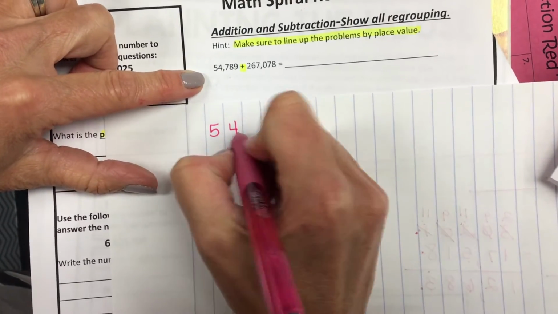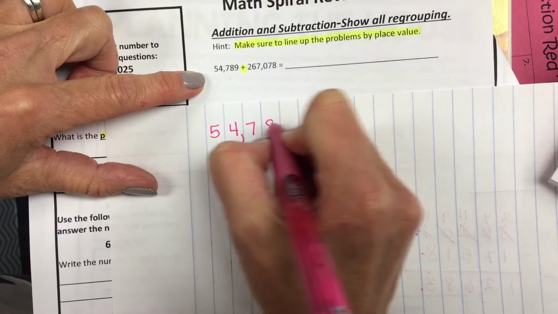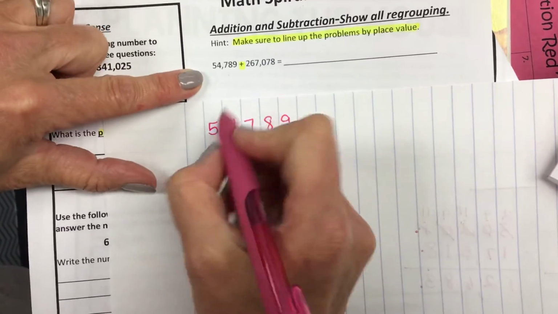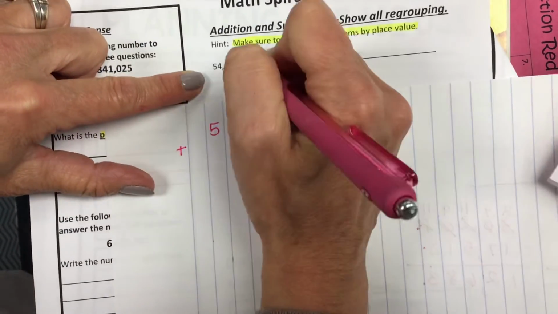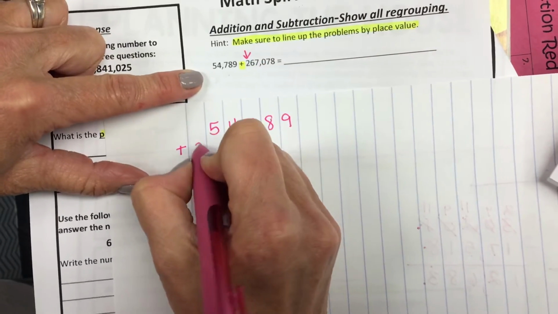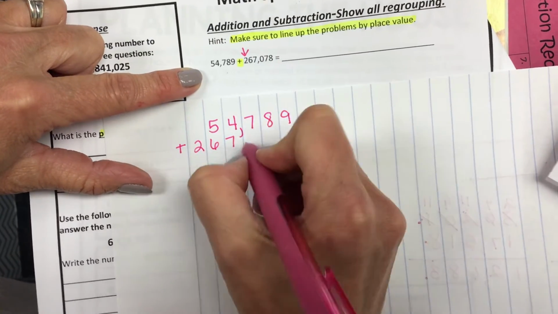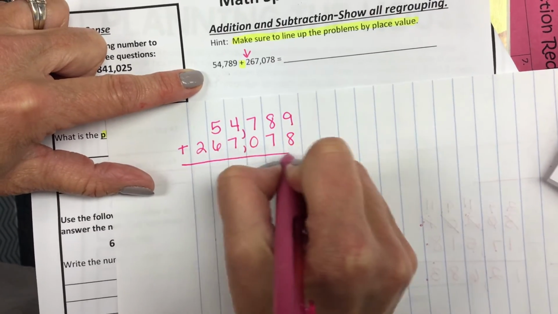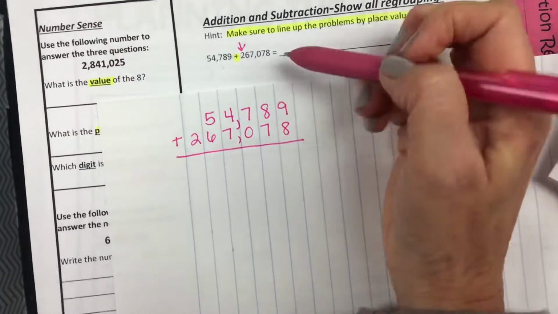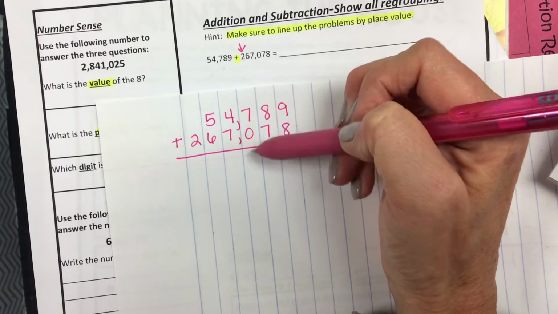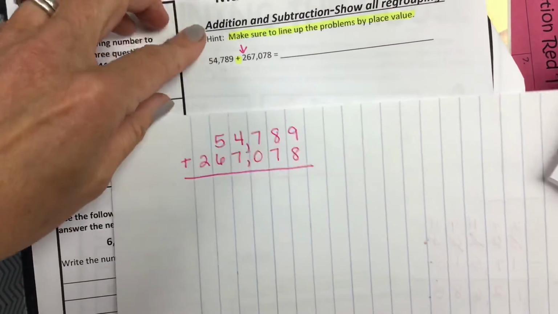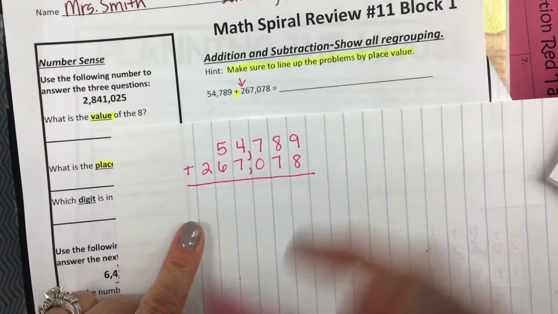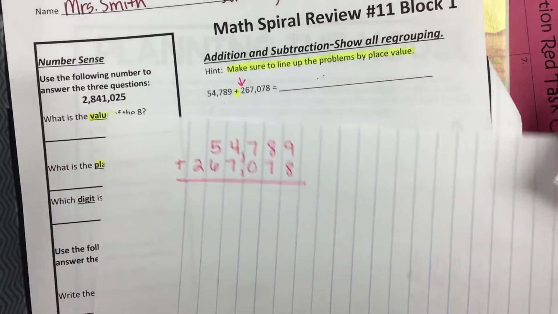I'm going to put 1 digit in each column. Now this is the 100,000s digit, so it needs to go here. Now that they're all lined up by place value columns, I can easily add those together and make sure to put the sum in the blank.